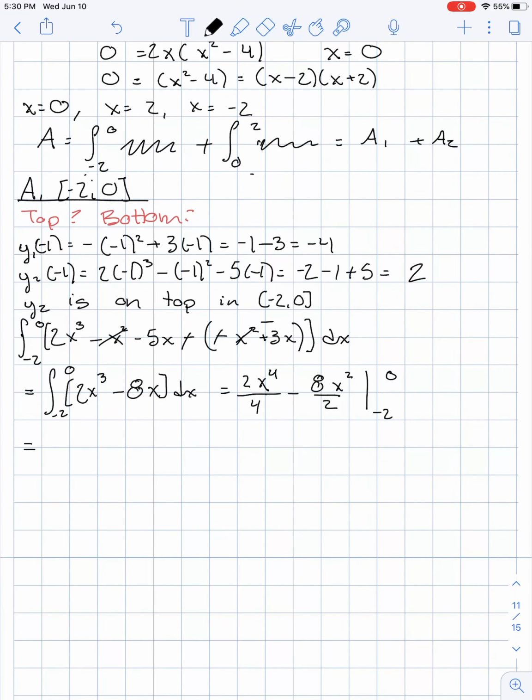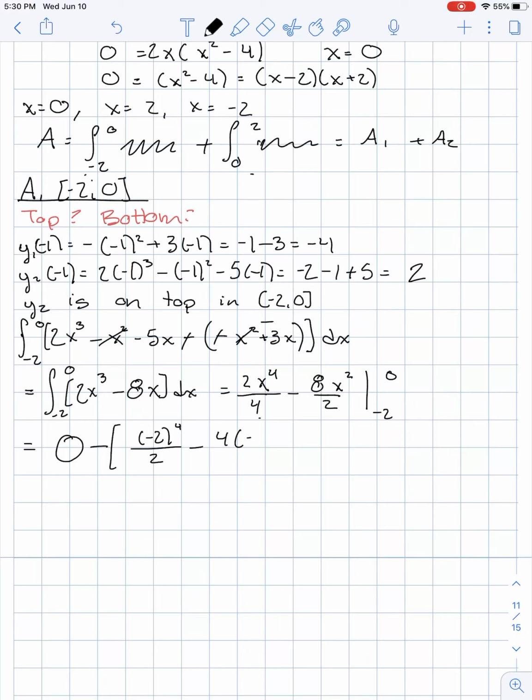All right. What I like to do is simplify as I'm plugging in numbers. So I know when I'm plugging in 0 here, everything's just going to be 0, because that's going to be 0 minus 0. Minus, this is going to be negative 2 to the 4th. 2 divided by 4 is just a 2 on the bottom.